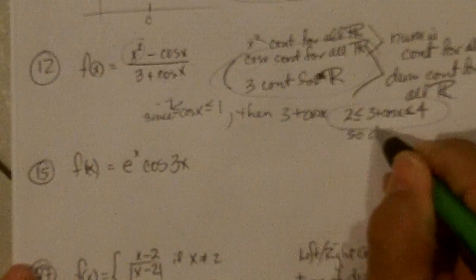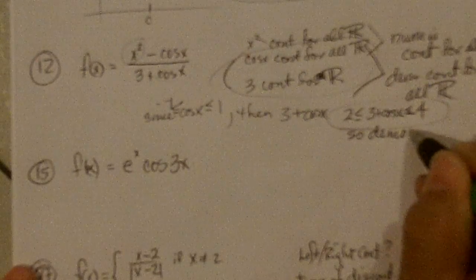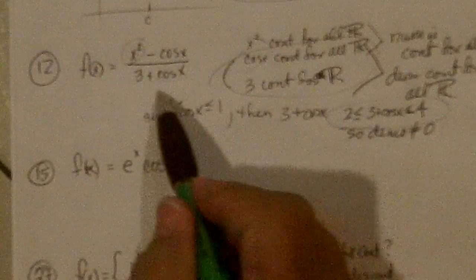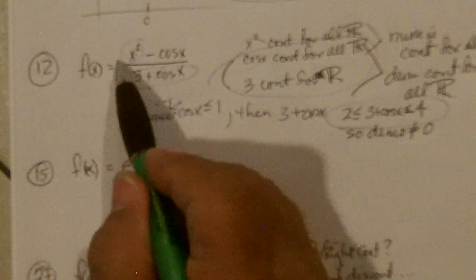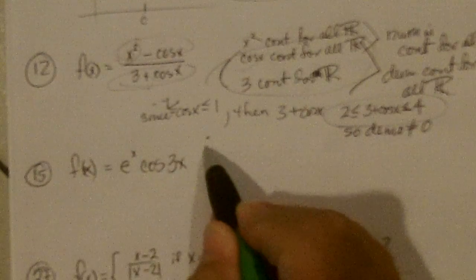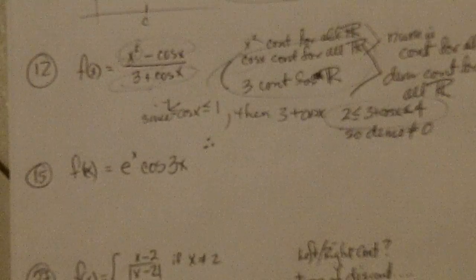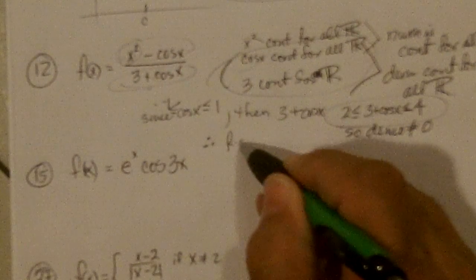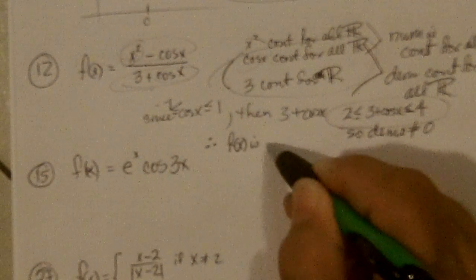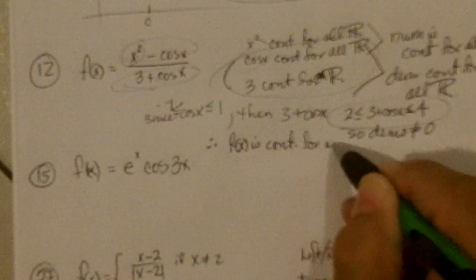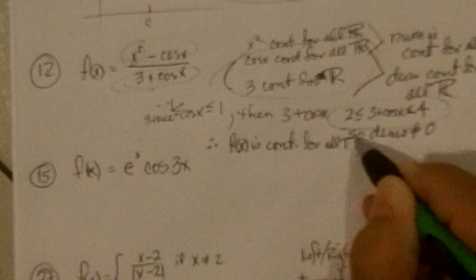So the denominator is never 0, and therefore, since it's continuous always, and this is continuous for all the reals, therefore, and the three dots like that mean therefore, the function f of x is continuous for all reals.